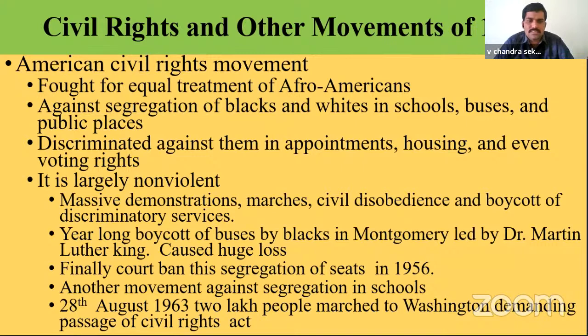A year-long boycott of buses by blacks in Montgomery, led by Dr. Martin Luther King, caused huge losses to the Montgomery bus company. Finally, the court banned the segregation of seats in 1956.